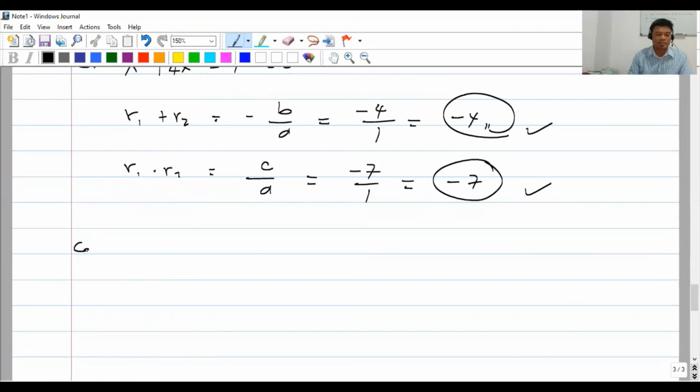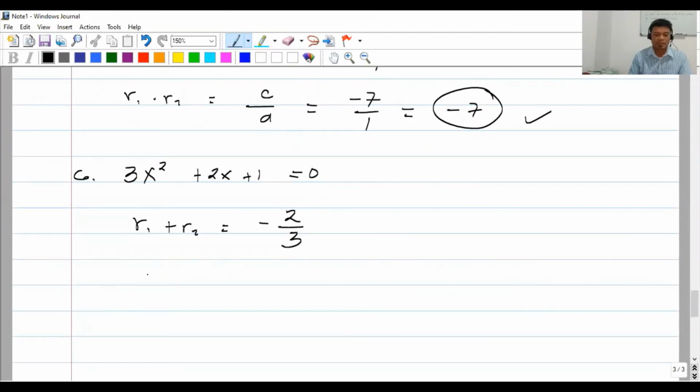Number 6, 3x squared plus 2x plus 1 equals 0. R1 plus R2 is equal to negative 2 over 3, and R1 times R2 is equal to 1 over 3.